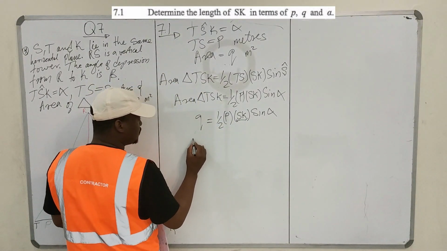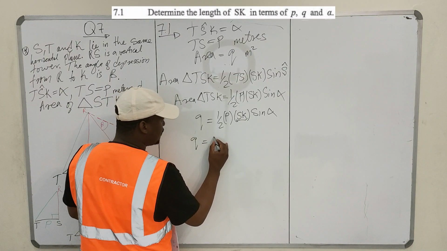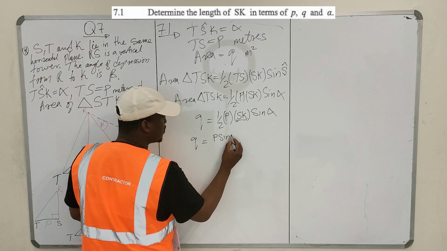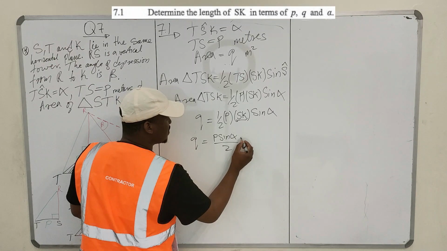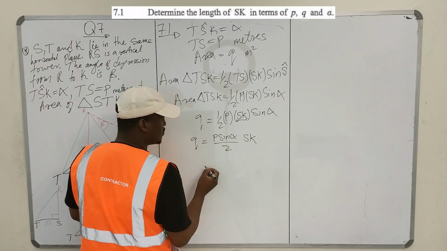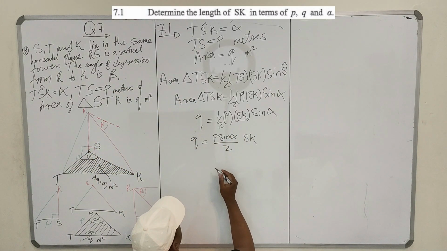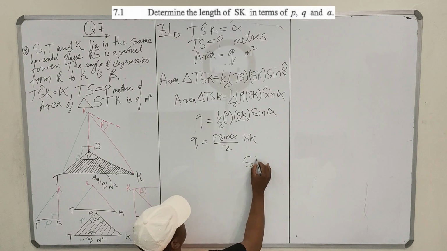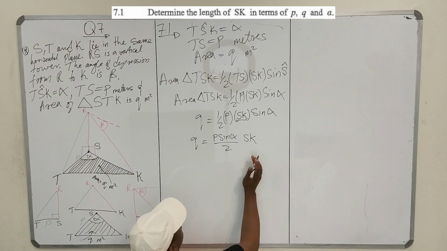So we'll say that Q is equal to P sine alpha over 2 times SK, right? Then you divide both sides by this. Actually, let me do it.